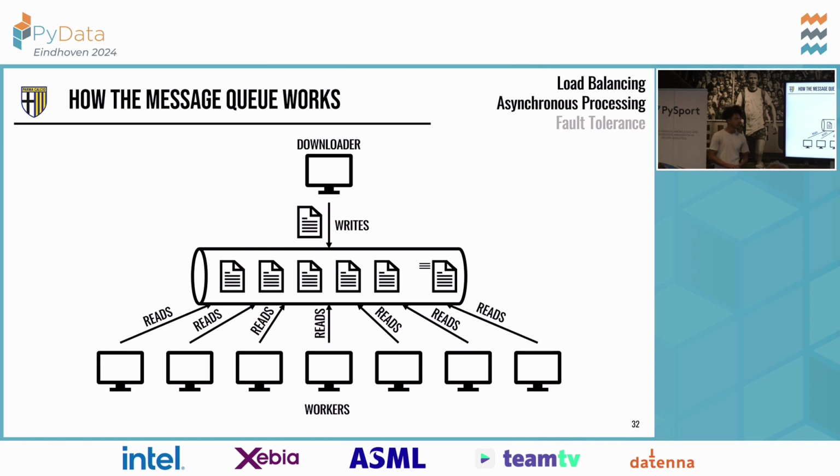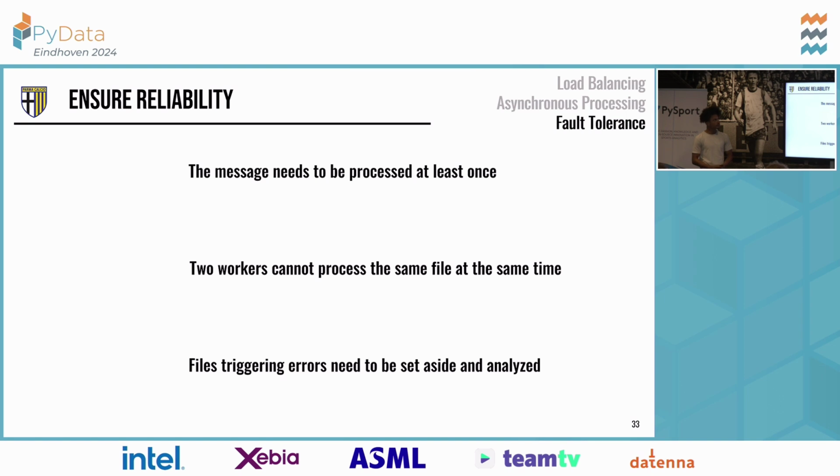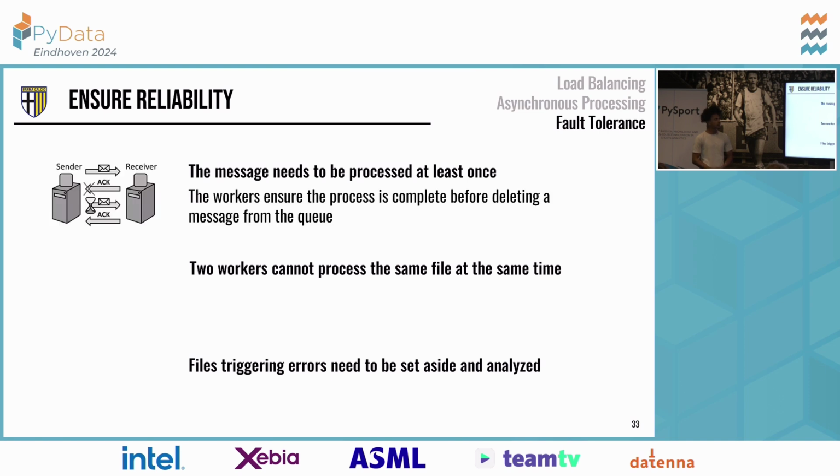And so this allows us to balance the load and to process everything asynchronously. In terms of fault tolerance, we need the message to be processed at least once, and this is ensured by the fact that the message stays in the queue until it is fully processed.